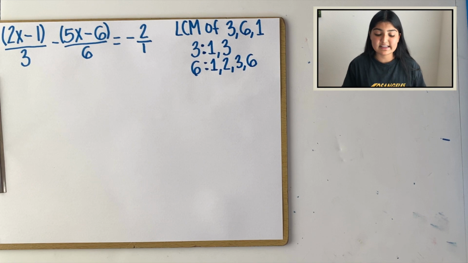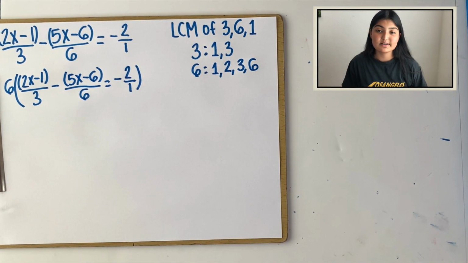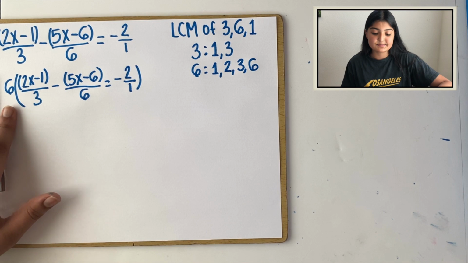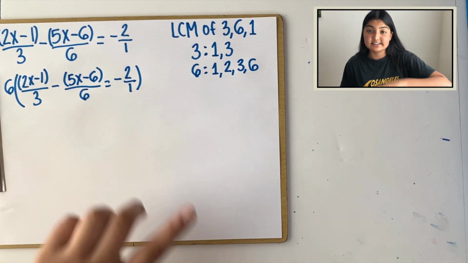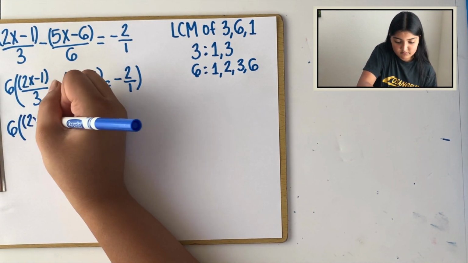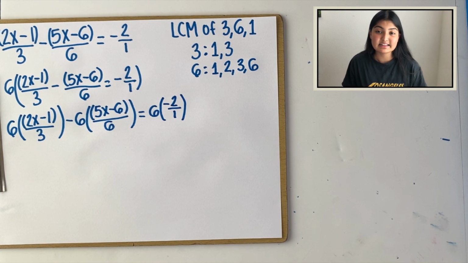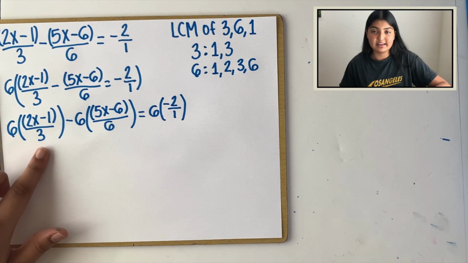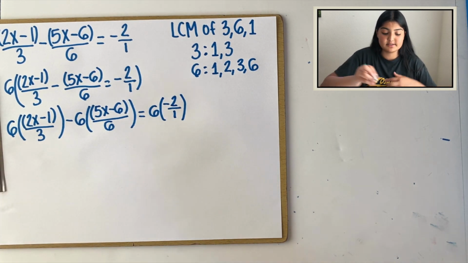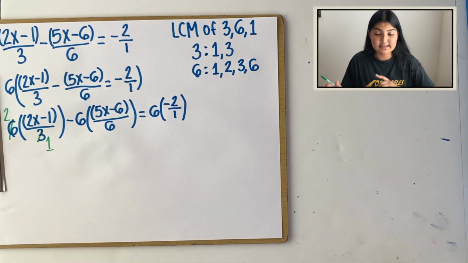So let's multiply 6 to this entire equation. Now, let's multiply 6 to each one of these terms and use parentheses. Now, let's divide and cross out anything that we can. 3 goes into 6 2 times. 6 goes into 6 1 time.